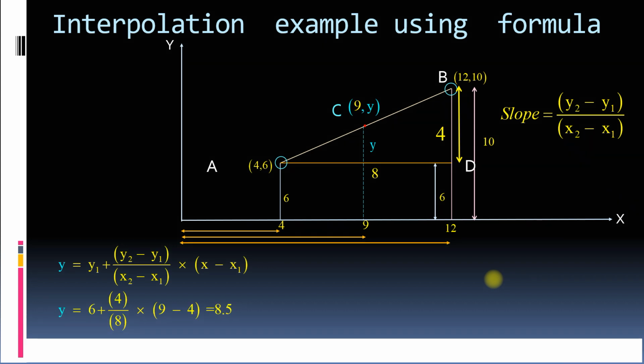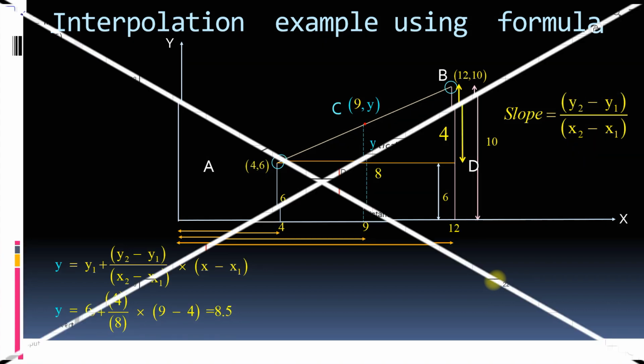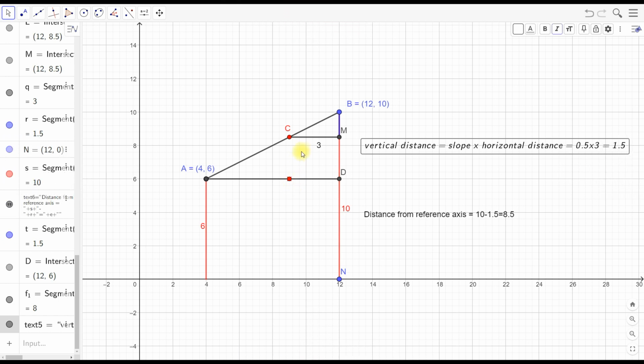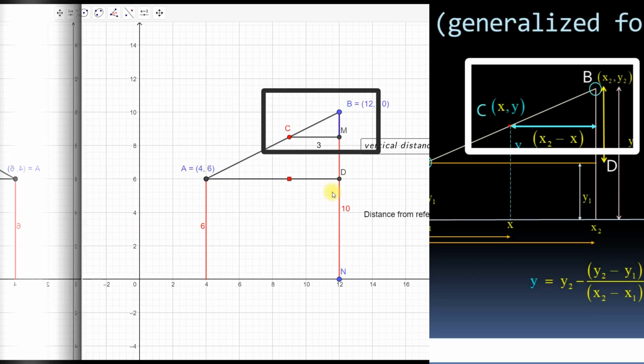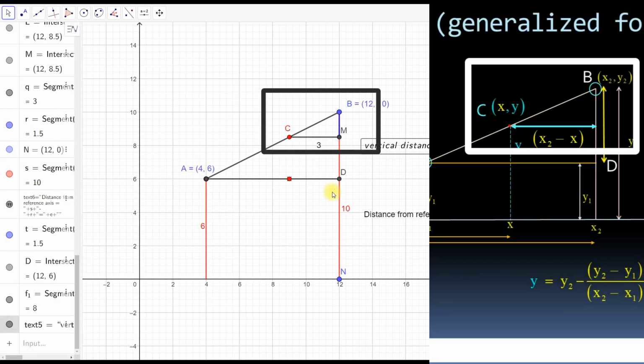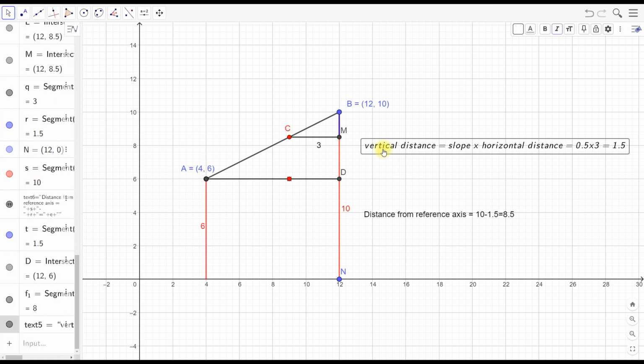Let's again go to GeoGebra to find y from the second formula. Let's keep the location of C the same. Now its horizontal distance is 3 from B to N, which is nothing but x2 minus x. Using the same formula, vertical distance is equal to slope into horizontal distance, we can get the vertical distance, in this case BM, equal to 1.5.